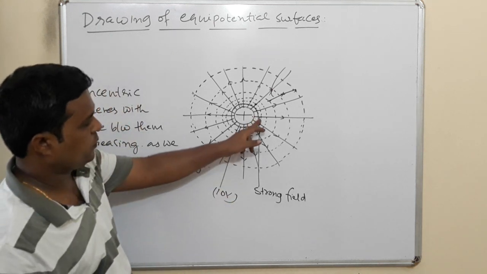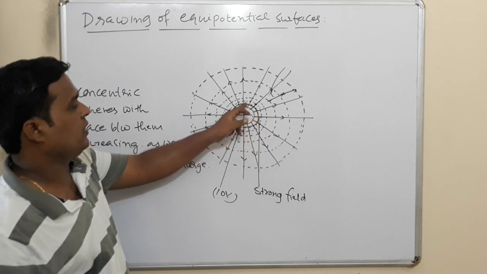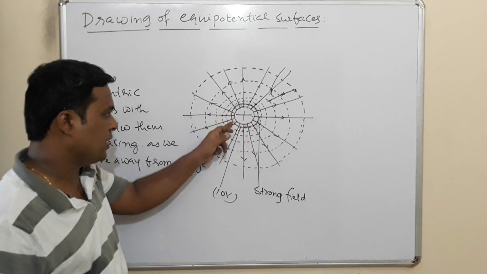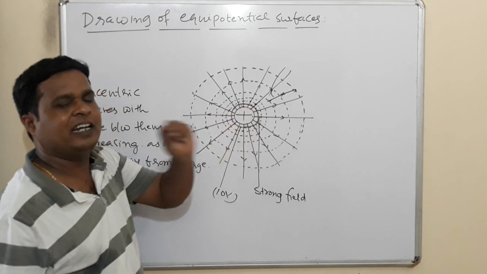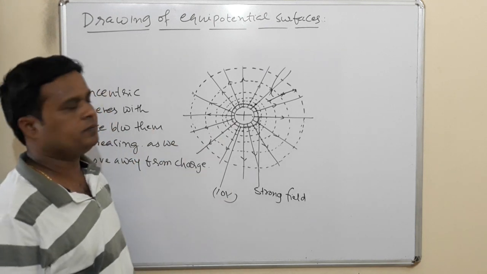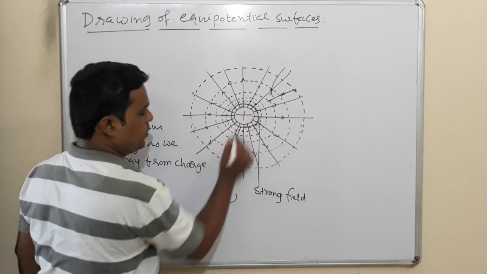Equipotential surface means the potential at every point on this surface will be the same, held at some fixed value. Suppose that it is 10 volt. At every point on this surface, the potential is 10 volt.